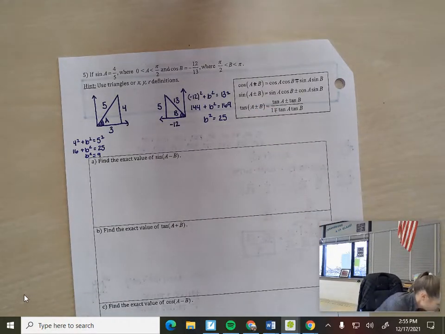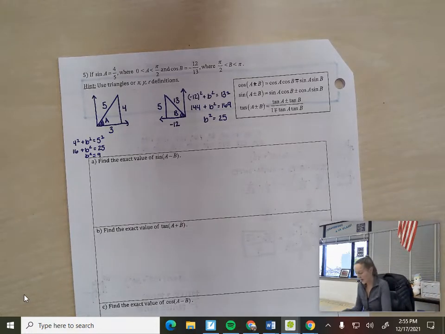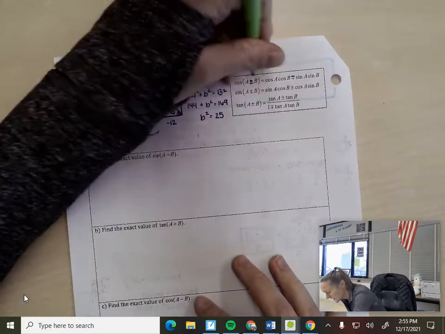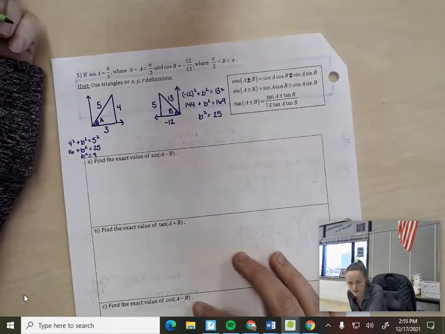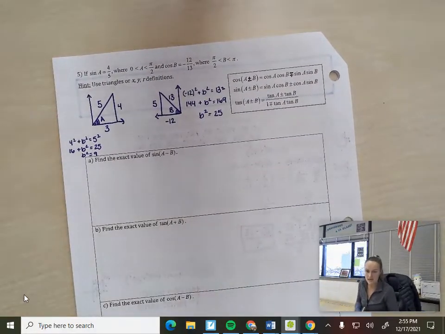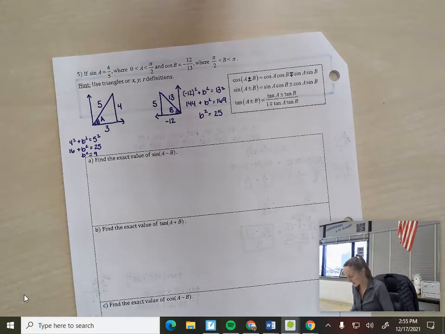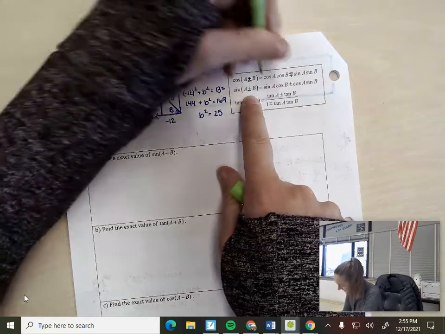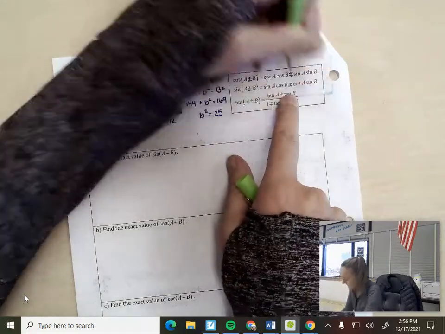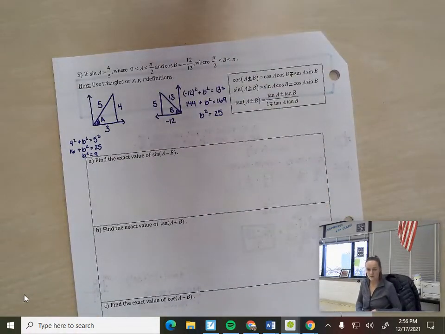Then the bottom one is a minus sign, and the bottom one over here is a minus sign. So the minus sign goes with the minus sign. So when I see sine of A minus B, I'm looking at the minus sign, which means I am going to use the minus sign in the formula. That's really important to recognize that they correspond with each other. Whatever's on top here, we use what's on top here. Likewise with what's on bottom.